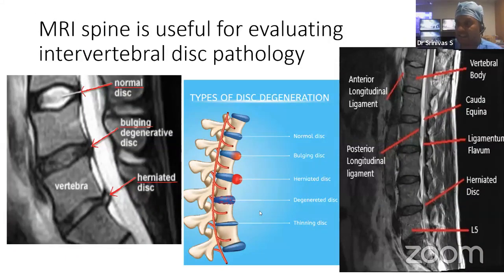So CT scans and MRIs are performed for knowing the bleeding and the acute ischemia in the brain. But usually MRI and CT scan of the spine is done to know whether there is any bulging or degeneration of the disc or herniation of the disc, so that we can plan for surgeries, and also any fractures of the spine.